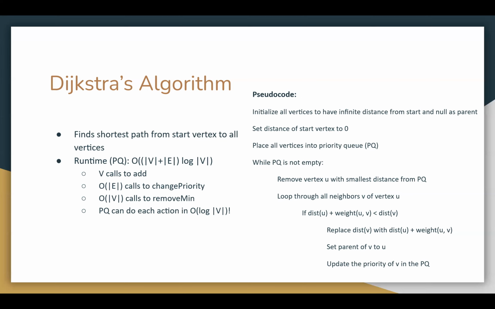Similarly, we'll be popping off nodes from our priority queue at most O(V) times. Now, a min priority queue can do each of these actions in O(log V) time. This does not necessarily hold true if we are not using a min priority queue to implement Dijkstra's. And sometimes Dijkstra's implemented with other data structures will show up on exams, so try to keep careful note of this.